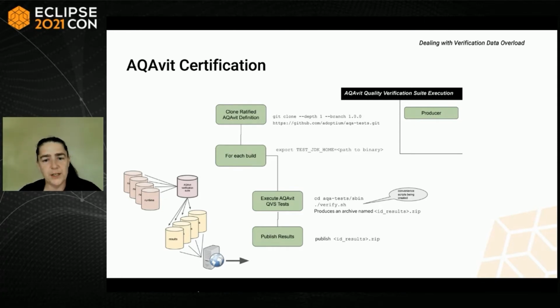The 3 criteria that one must meet to list their distributions in the marketplace: you must be a member of the working group and participate at the project. The binaries that you list in the marketplace must have passed both the TCK and the rigorous Aqua test suite. So when consumers come to the marketplace to pick up a binary to feed into their software supply chain, they can have confidence in those binaries.